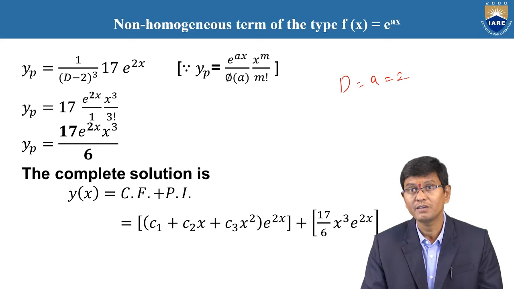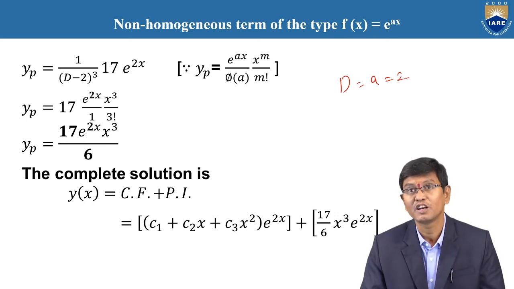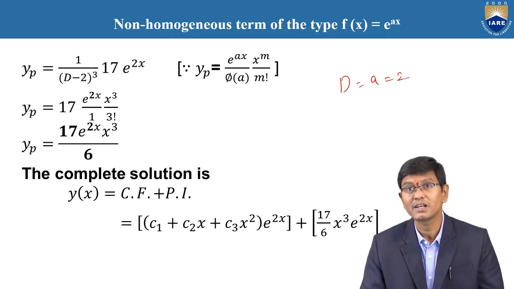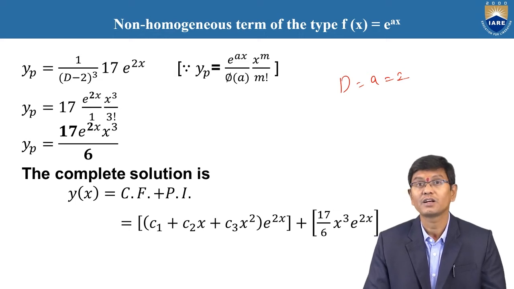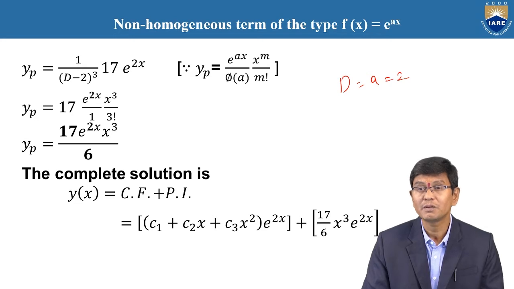Therefore, by the formula, it is x cube by 3 factorial into e power of 2x. 3 factorial is 6. Therefore, the complete solution is y is equal to c1 plus c2x plus c3x square into e power of 2x plus 7 by 6 into x cube into e power of 2x.